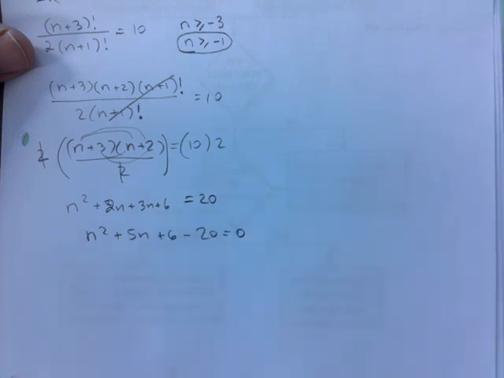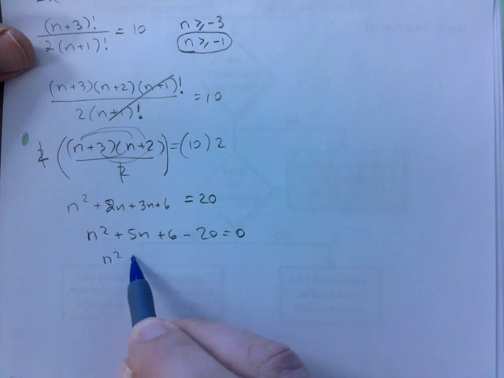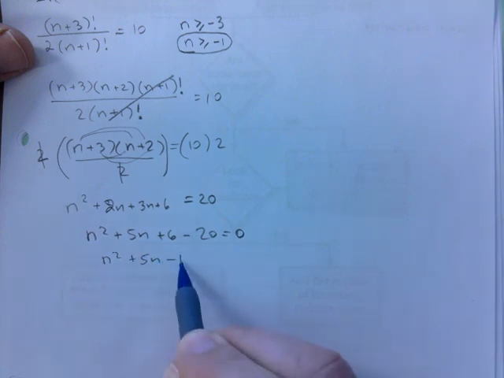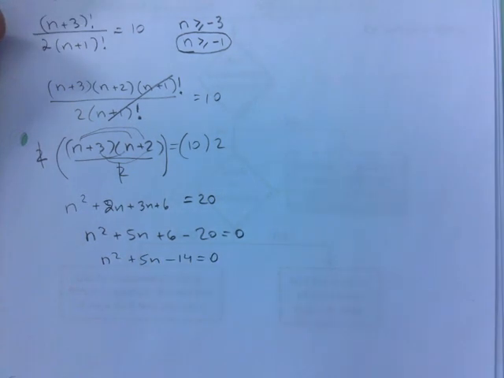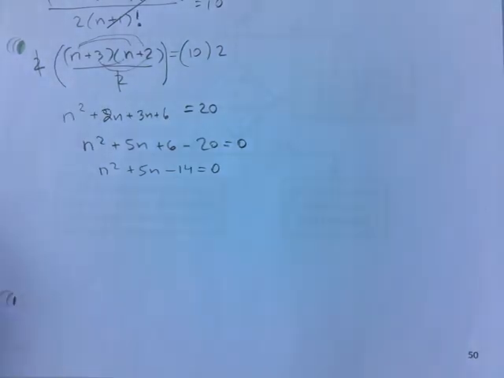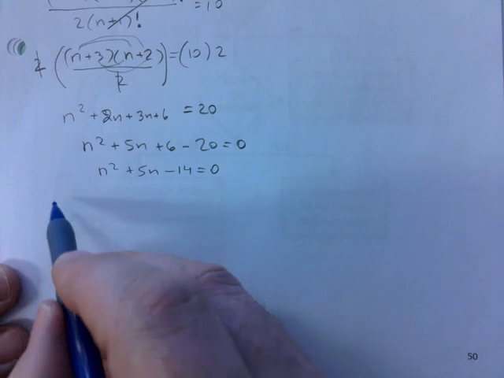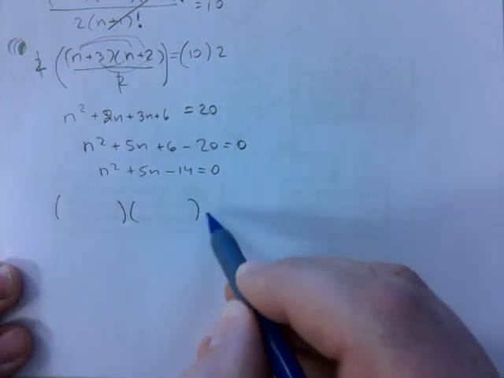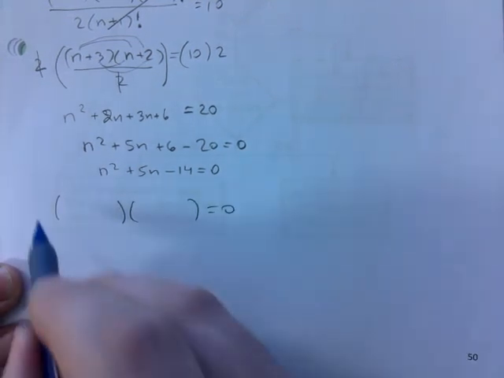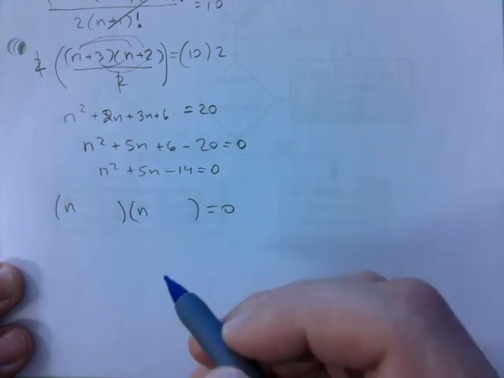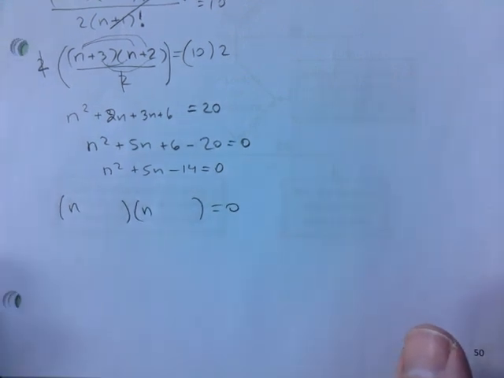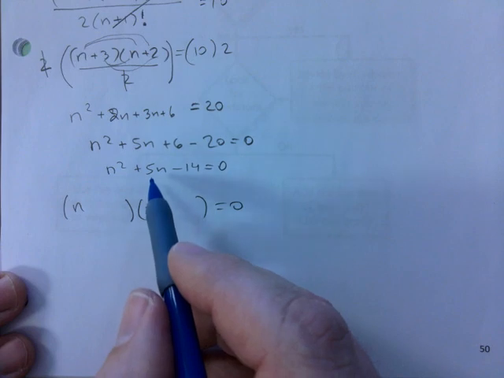The 20 comes over subtracting, n squared plus 5n minus 14 is equal to 0. And here you can factor, you can do whatever. Quadratic formula, you name it. It's n though, make sure you don't write x all of a sudden. I know you're used to it.